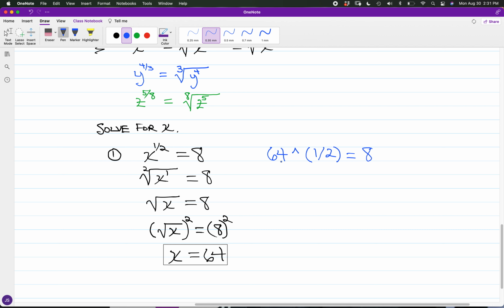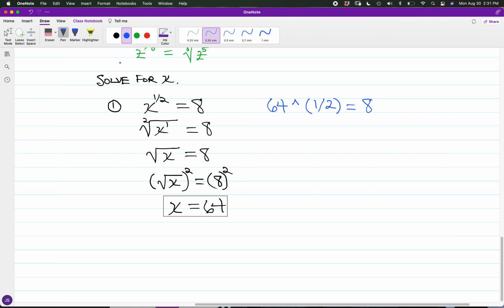If you don't, it would just read it as 64 to the first power, which would be 64 divided by 2, which would come out to 32. So if you did that and said, why is 8 not showing up, you would just need to put the exponent in parentheses. So 64 to the 1/2 is equal to 8.